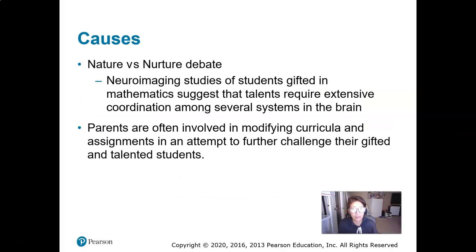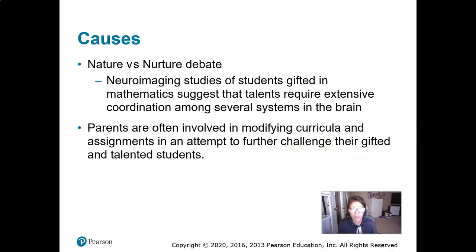Okay, causes. So let's talk about the causes. Nature versus nurture debate. In other words, how much is it genetic that they are gifted? And then how much is it nurturing from the parents' or guardians' point of view of what their capabilities are. And then parents are often involved in modifying curricula and assignments in an attempt to further challenge their GT students.